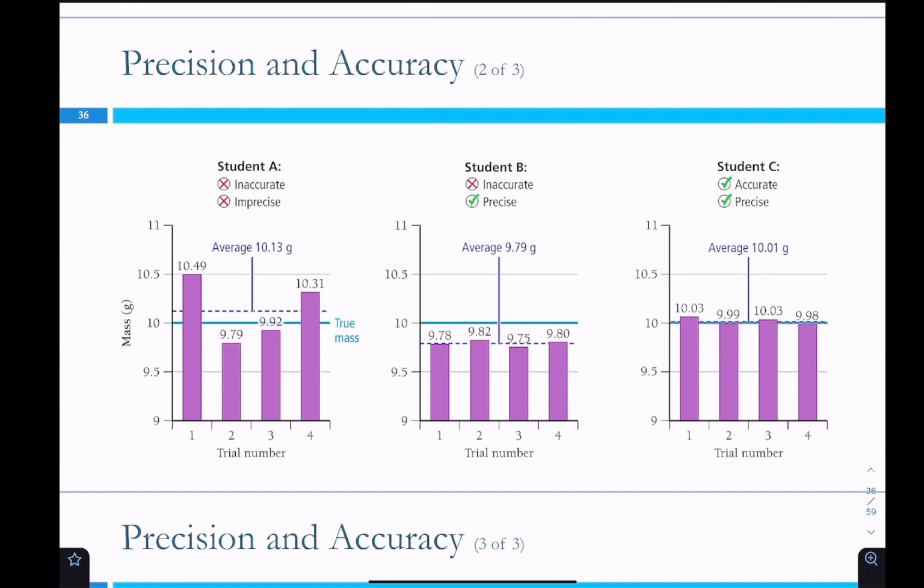Something's going wrong there. For student B, the numbers are now much closer together, right? All of those bars are about the same height, but they're all too low. So we would say that student B is precise but inaccurate. Right? They didn't get the correct number, but their numbers were close together.